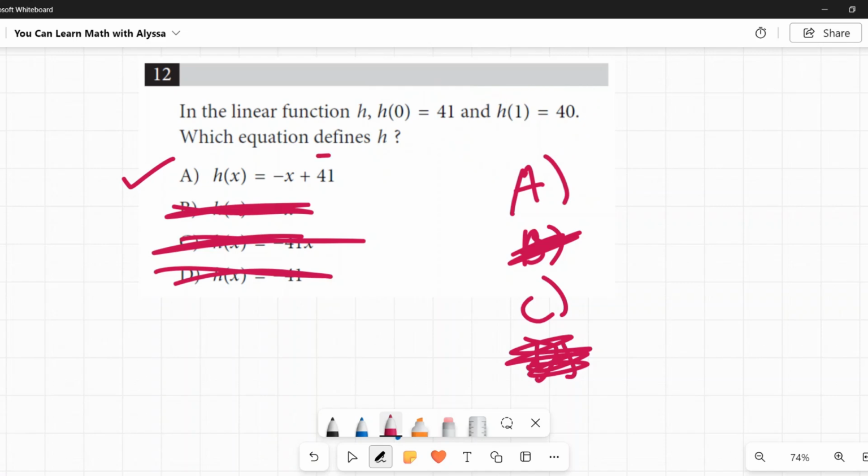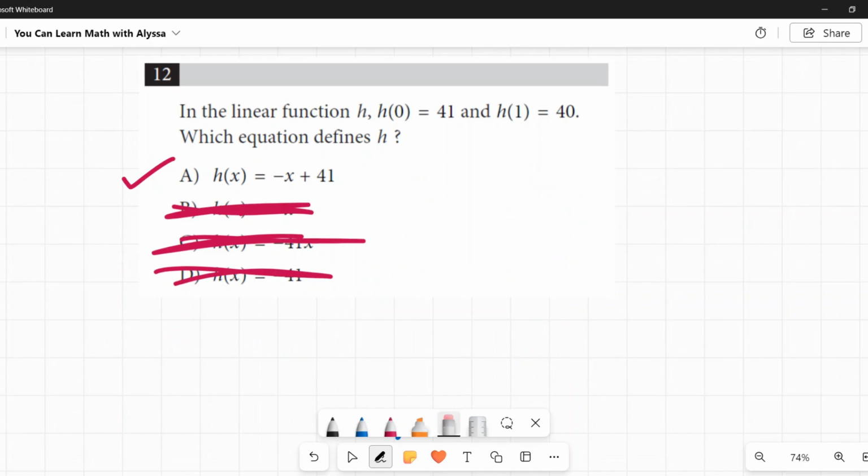I'm not really sure why they did it where you just have to do the first one, the h of 0, and you automatically have your answer. Frankly, if I was taking the test on the day and I saw this, I would be suspicious and think I had done something wrong, because it's just really weird that they all get eliminated by the first equation. But that is what's happening here.